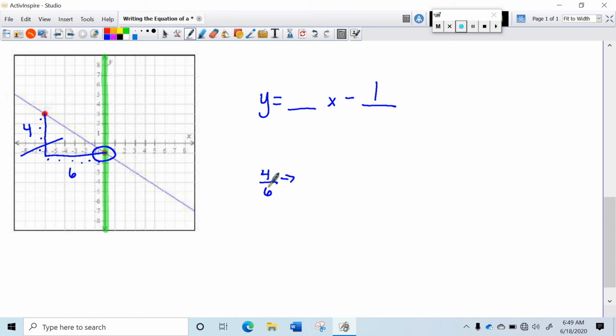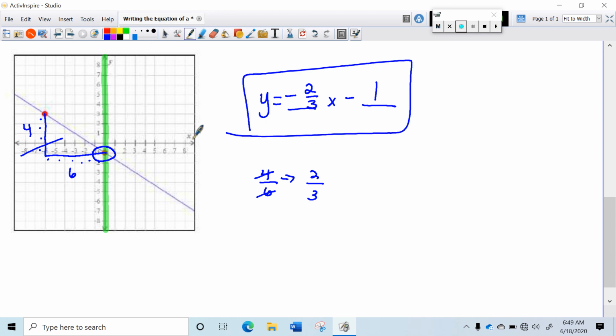So when they're even, just cut them in half. So half of 4 is 2, and half of 6 is 3. But I also notice that that line is going down. If it goes down, it is a negative slope. So my slope is -2/3. So my equation is y equals -2/3 x minus 1.